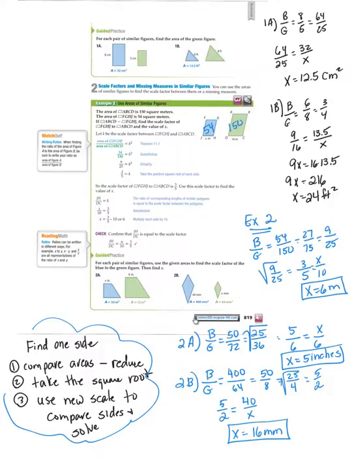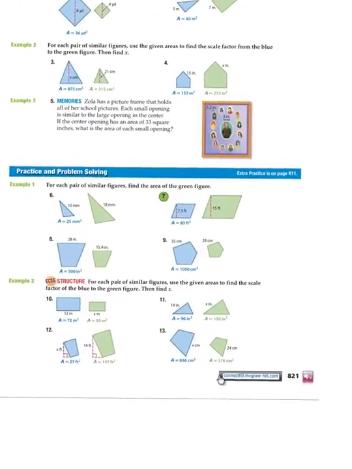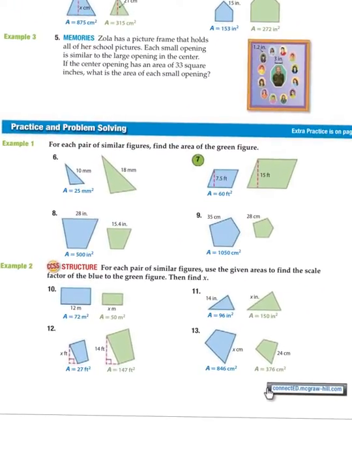Okay? So those two types are all we're going to do in this section. Let's look at the homework part and I want to show you something for just a second, okay? When I look at the homework that I've given you here, I've given you these 8 problems down here.